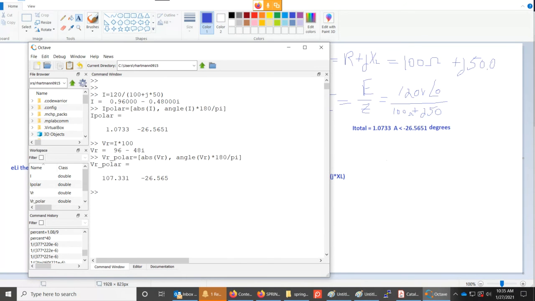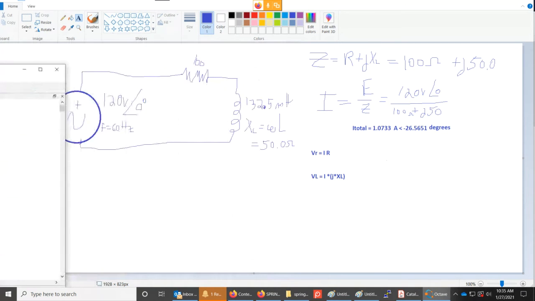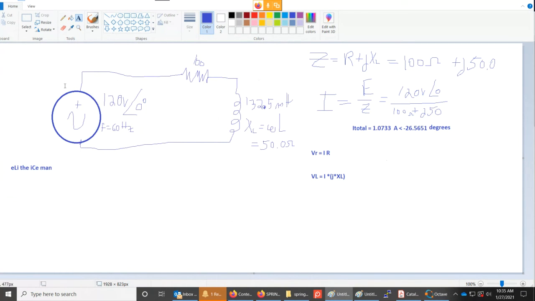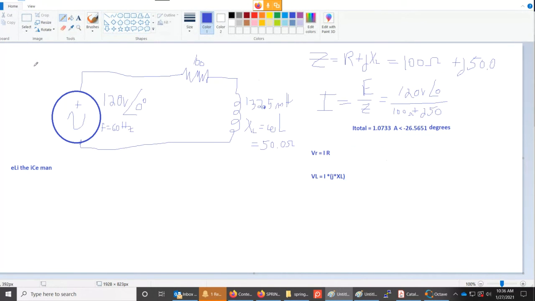So VR is 107 volts at an angle of minus 26.6 degrees.